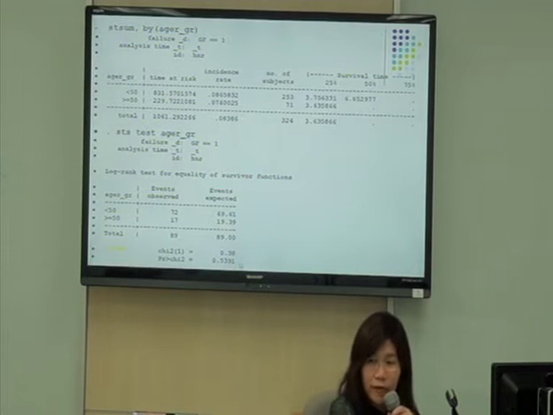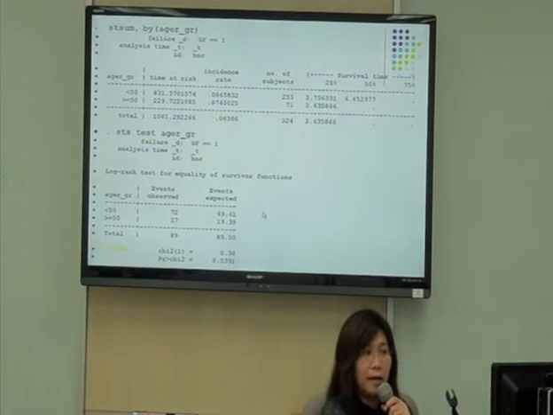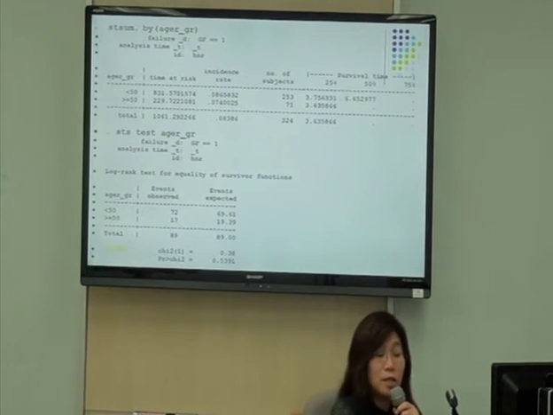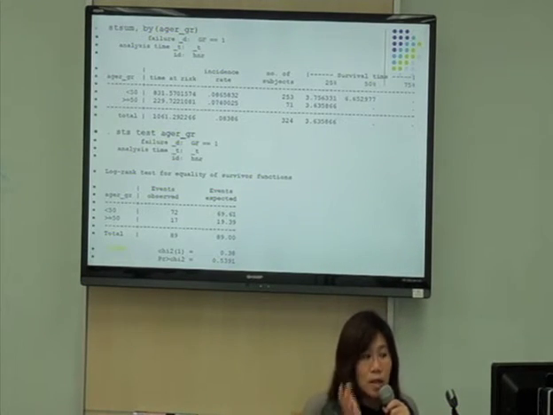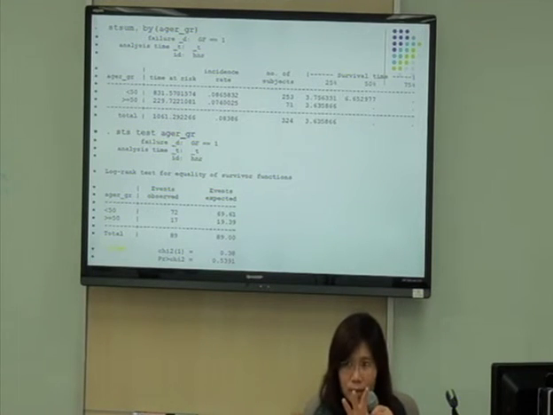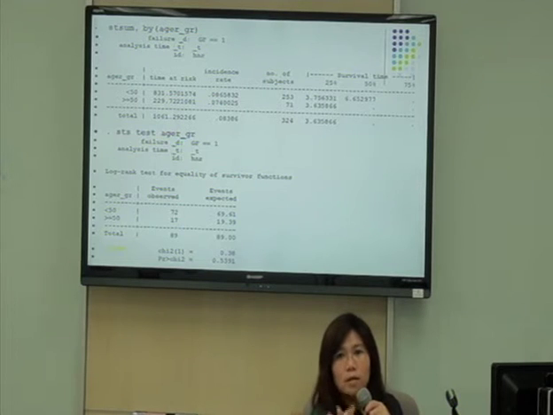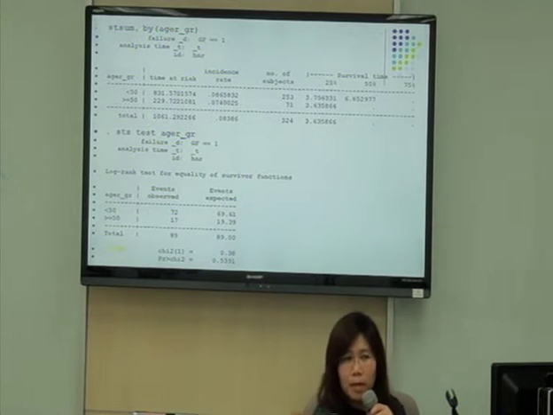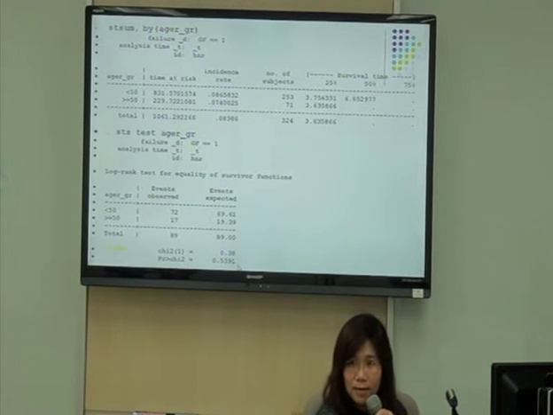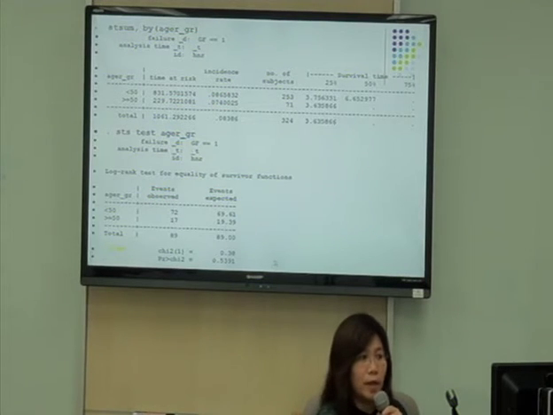So it's not significant here. Don't confuse it with my example here. It's just an example, so it's not real data. This is the real data. So in this case it means that exposure age group is not associated with graft failure, because the chi-square here shows non-significant p over 0.05. Okay.